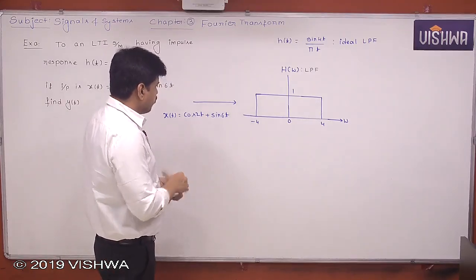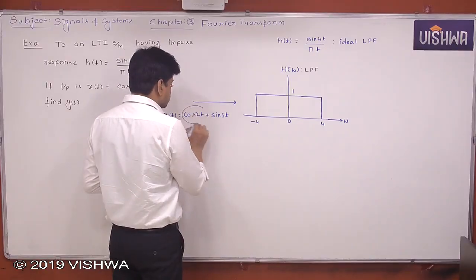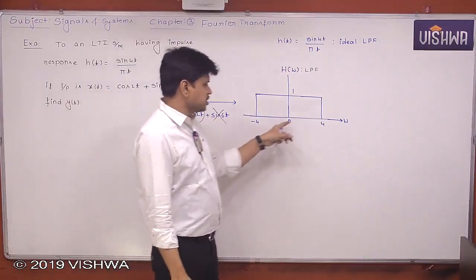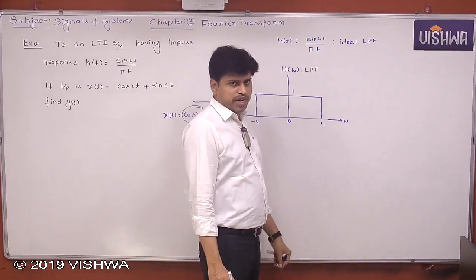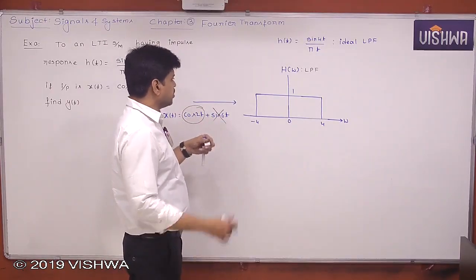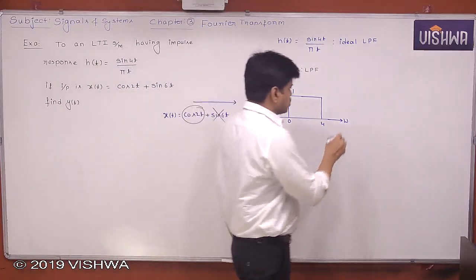If I pass the signal through this low pass filter, cos 2t will pass and sin 6t won't pass, because its frequency of 6 radians per second is out of the pass band, so it is attenuated. The gain is 1, so multiplying by 1 makes no difference. So what is y of t?